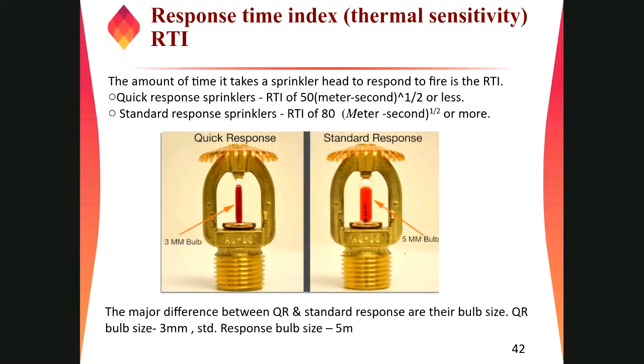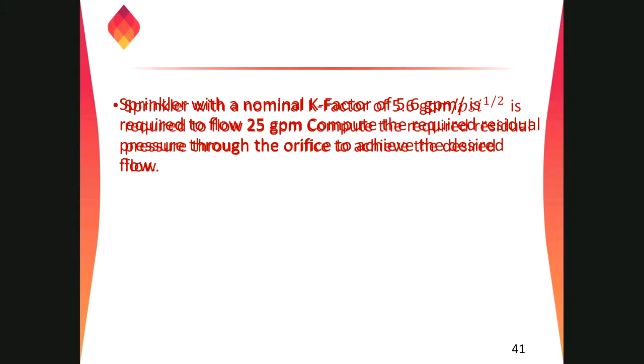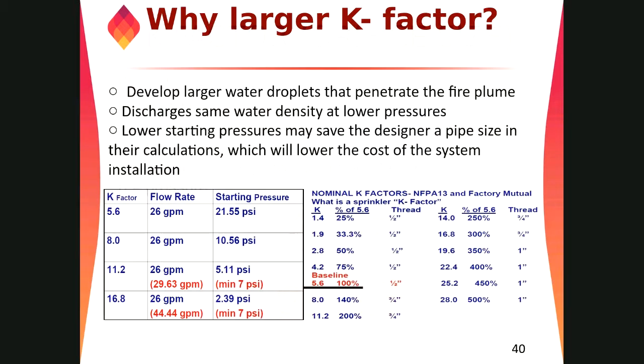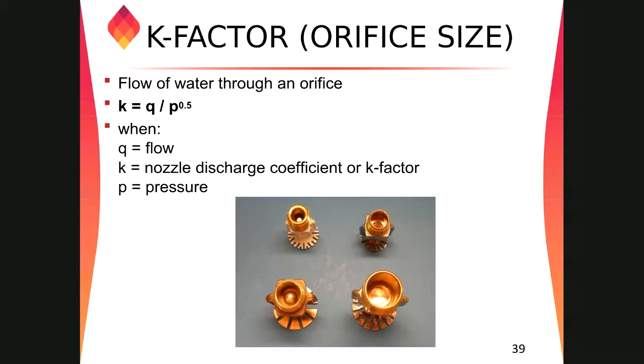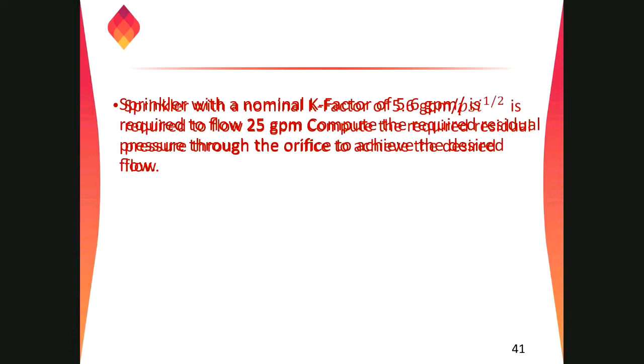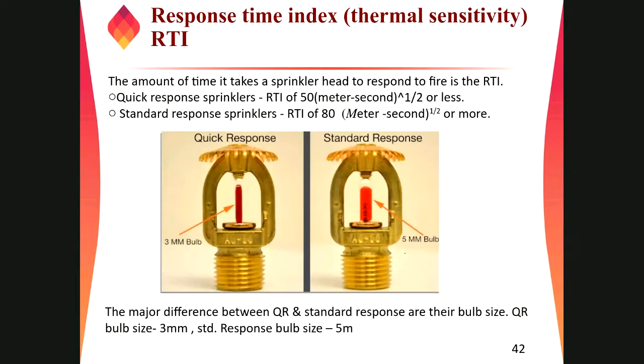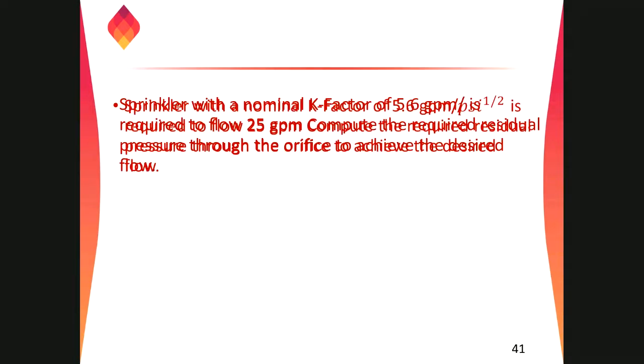You just have to use this formula. We have the K factor, we have the flow. So just put Q to that side and P to this side and do some basic mathematics. We'll come to that point. So minimum 20 psi we need for that flow. This is the idea behind K factor sizing.